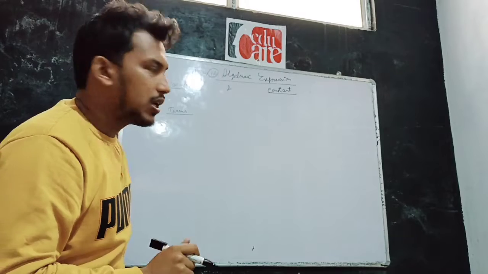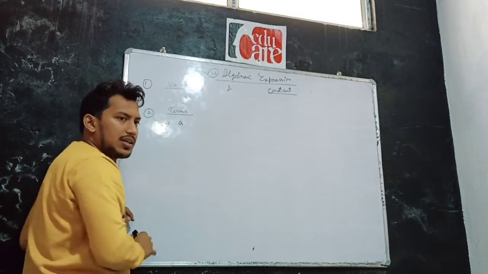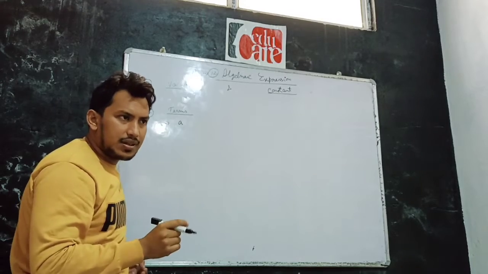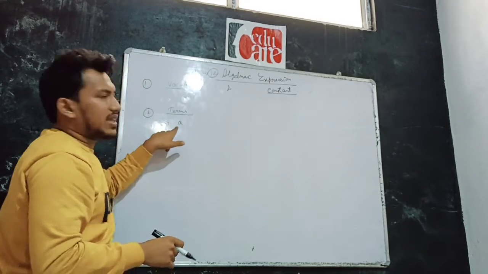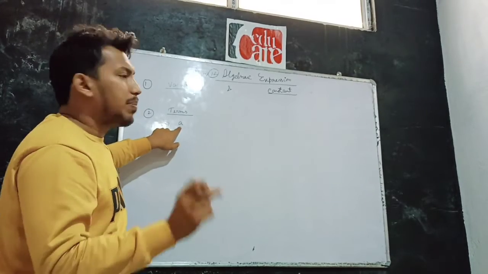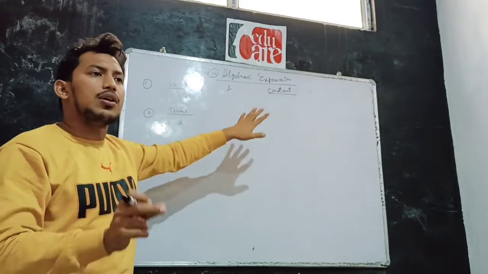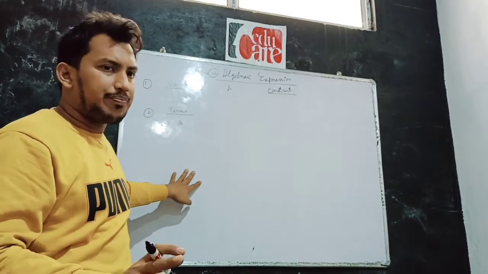Or polynomials. Like A, it is an alphabet, a letter, but this letter is used to represent some value of an algebraic expression or any kind of polynomial.